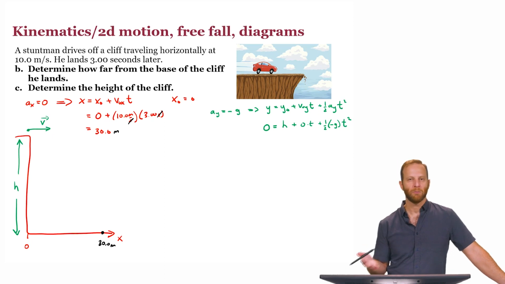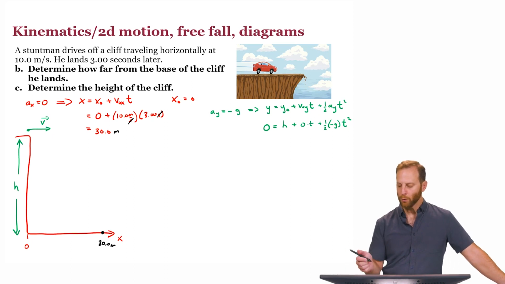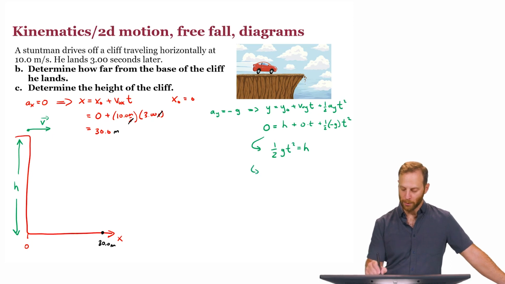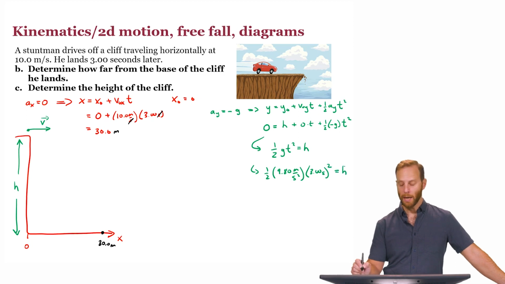You notice I haven't plugged in any numbers yet. I want to rearrange this and solve for h. 1/2 g t squared would be the height. Now I can plug in the numbers. We have 1/2 times 9.80 meters per second squared. The time is 3.0 seconds, and that is squared. That should give me h.